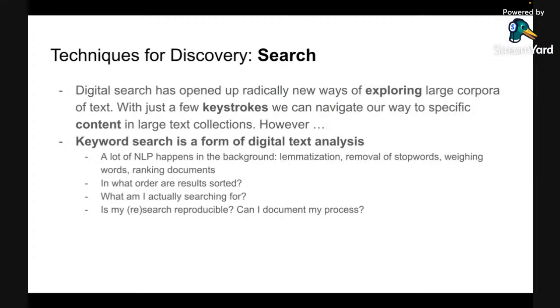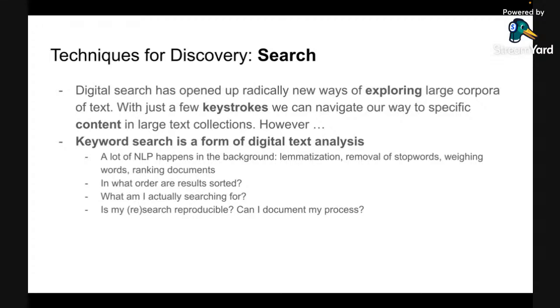And a few examples then for discovery. I think it's important when you search anything, like keyword search, which we often use, but you have to be aware that search is actually also a form of text analysis. When you search in a database or any other platform, what it returns is based on a lot of processing in the background.